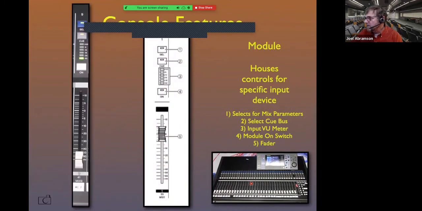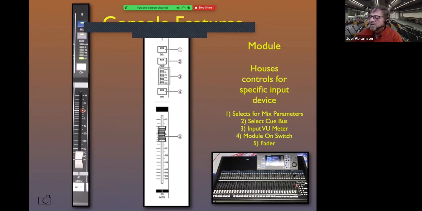And here's the fader module section right here. So here's the fader. This turns it on, so you want to make sure that the on switch is on. Typically what you'll do is run it up. If you're going to set a tone for something, you'll run it up to 0. That's what they call unity gain. It's a place the engineers have set as the optimum level.